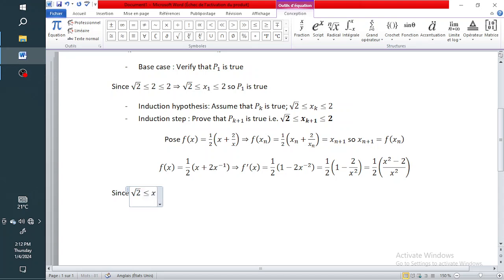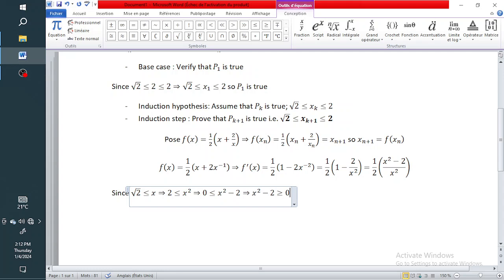So we say, since we have the square root of 2 less than or equal to x less than or equal to 2, it therefore means that, if we just concentrate on this part, we can square both sides and we are going to have 2 is less than or equal to x squared. Now we can subtract 2 on both sides and we get 0 is less than or equal to x squared minus 2. And if 0 is less than or equal to x squared minus 2, it means x squared minus 2 is greater than or equal to 0.